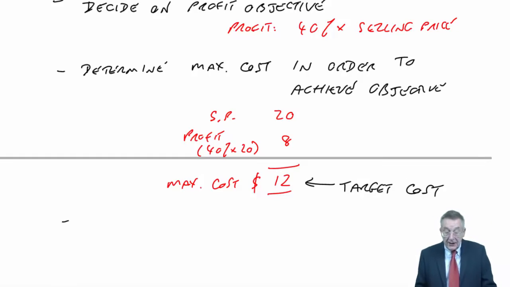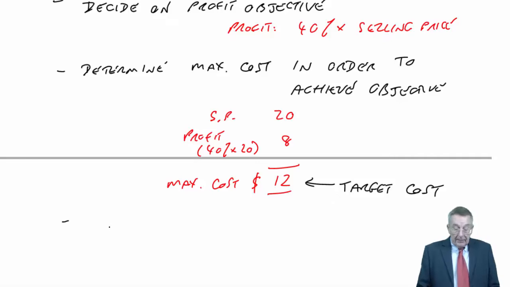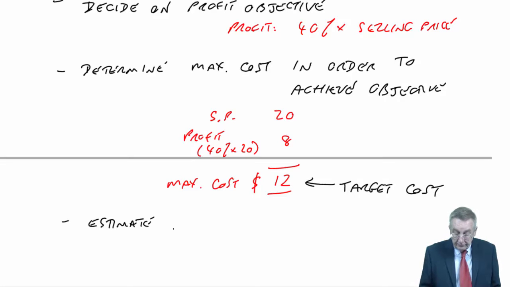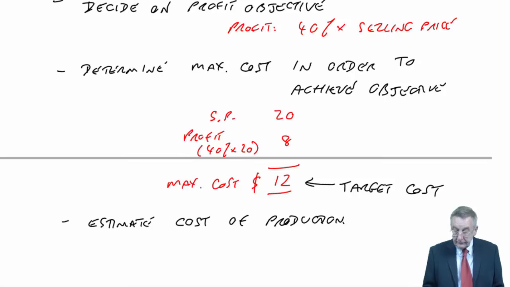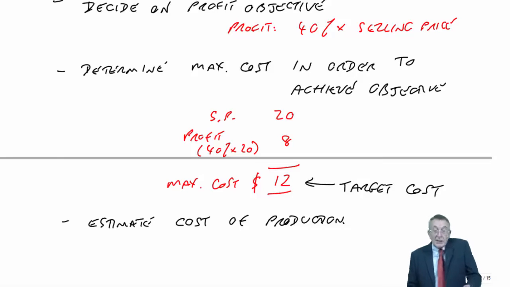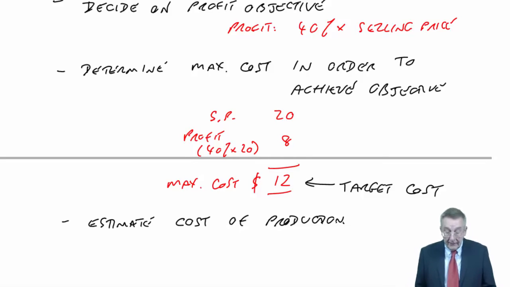And the way we then use it is we estimate what the actual cost will be. And if it's less than 12, if we get the estimated actual cost of production to be 11, no problem. We're achieving our objective. End of story.